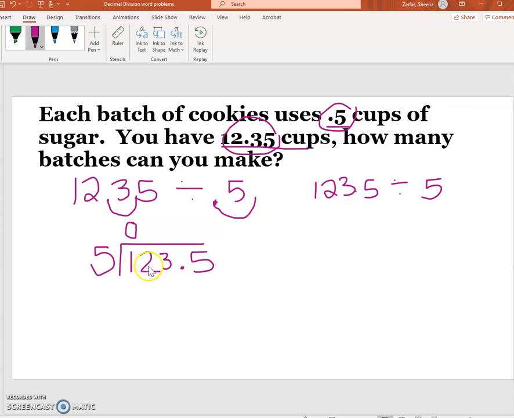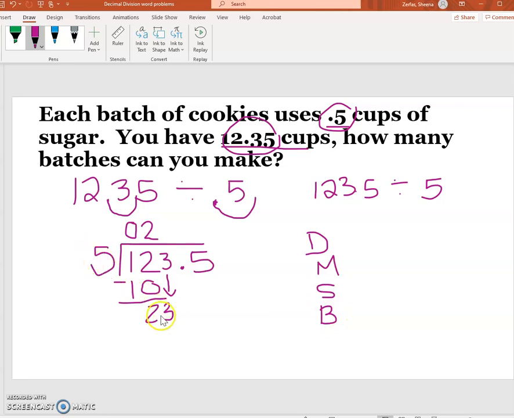Then I'm going to take 12 and divide it into groups of 5. That would be 2. 2 times 5 is 10. That gets subtracted. Bring down. And now I'm going to start the process over again. Remember, we're following these 4 steps: divide, multiply, subtract, bring down.